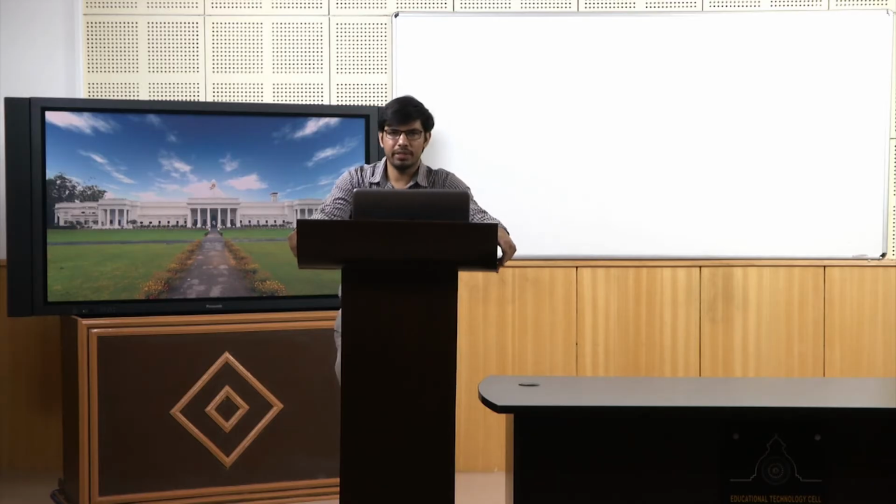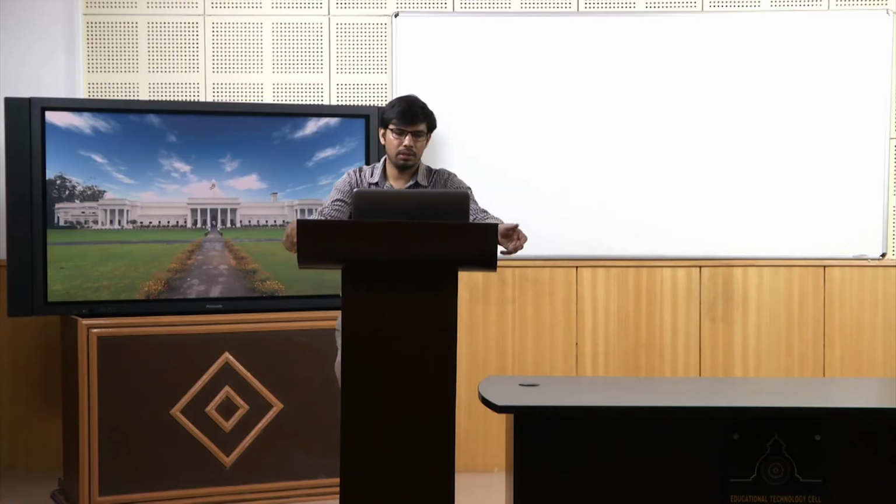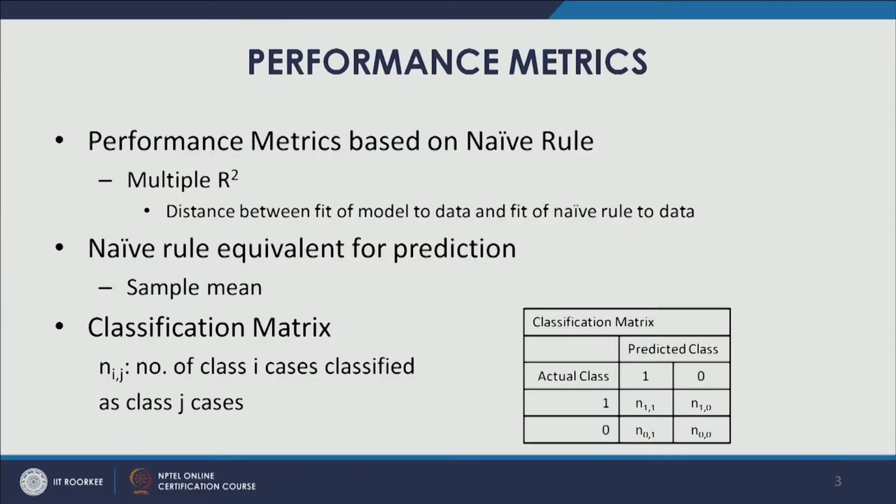More detail we will discuss in coming lectures, but to give you a brief definition, multiple R square is the distance between the fit of the model to the data and the fit of the naïve rule to the data. That is why we are saying that this is a metric based on the naïve rule. So, the distance between the fit of the model to data and the fit of the naïve rule to data is what is looked at in multiple R square.